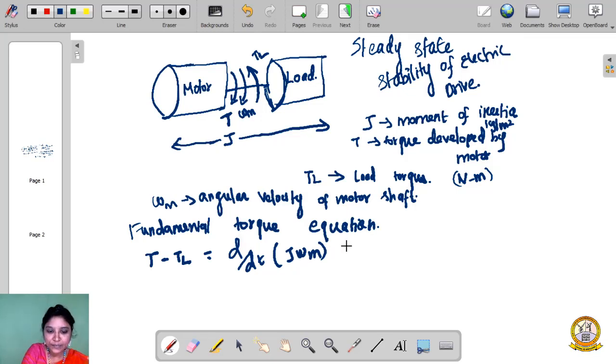This is in the form of d by dt of J into omega m, like u and v.